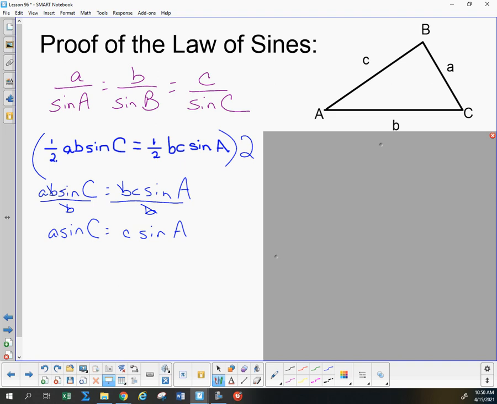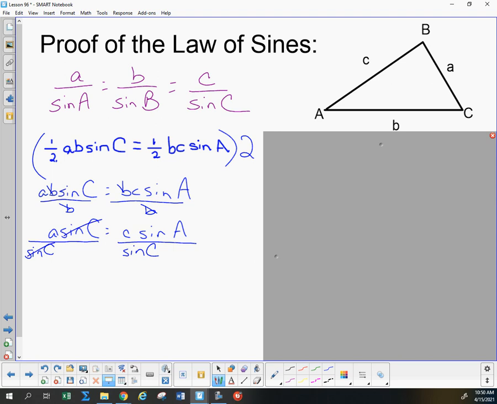And then I look back at my law of sines, and I want sine of the angles to be in the denominators. I don't want to have this sine C in the numerator, so I am simply going to divide both sides by sine of C so that I can get rid of that.